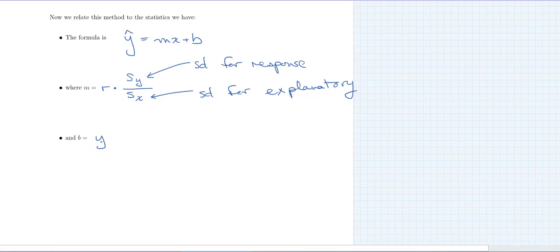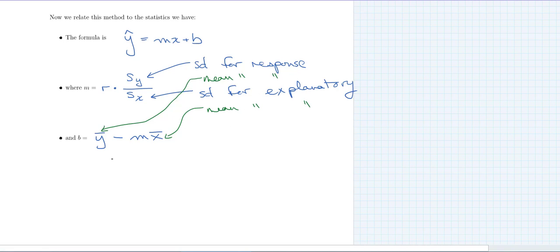That's equal to the mean of our response variable minus the m that we just found times the mean for the explanatory variable. Okay, so remember that these are means. Mean for response and mean for explanatory.